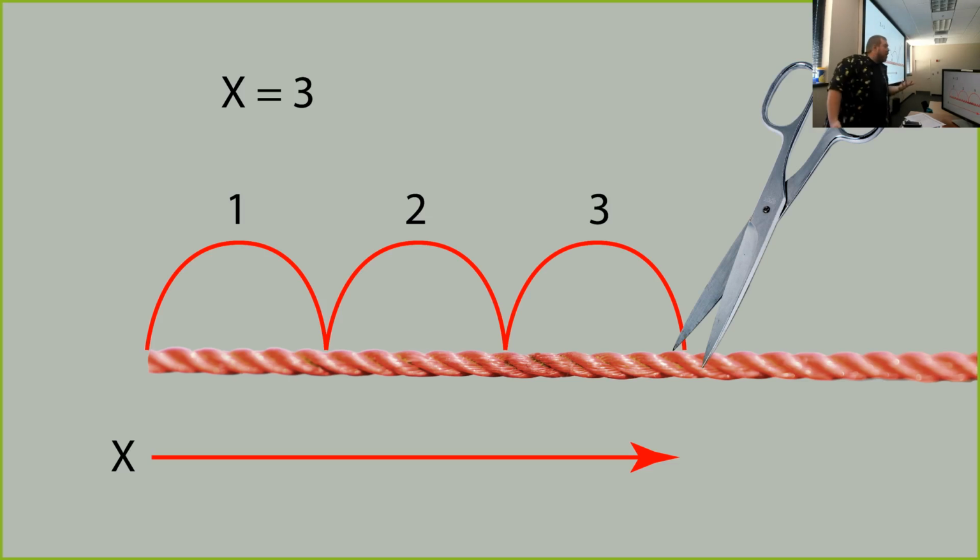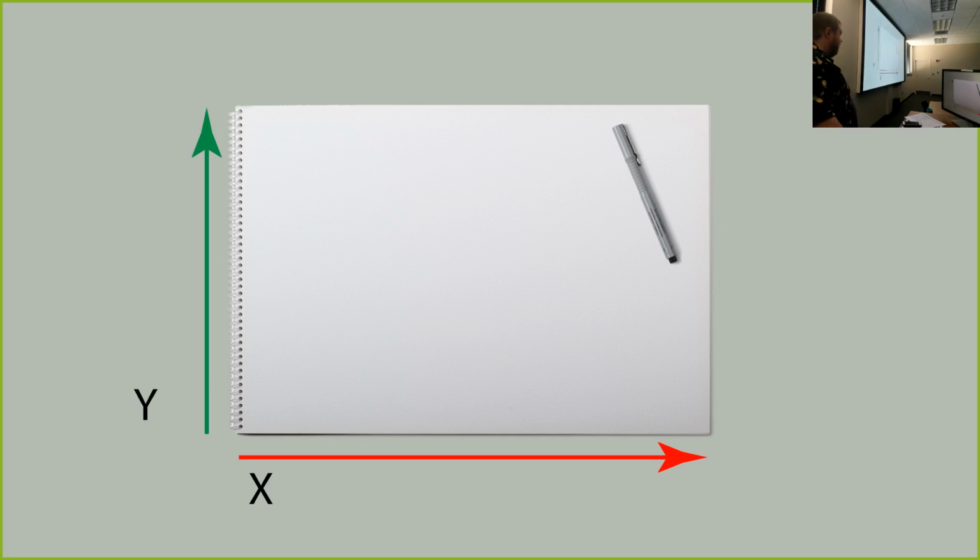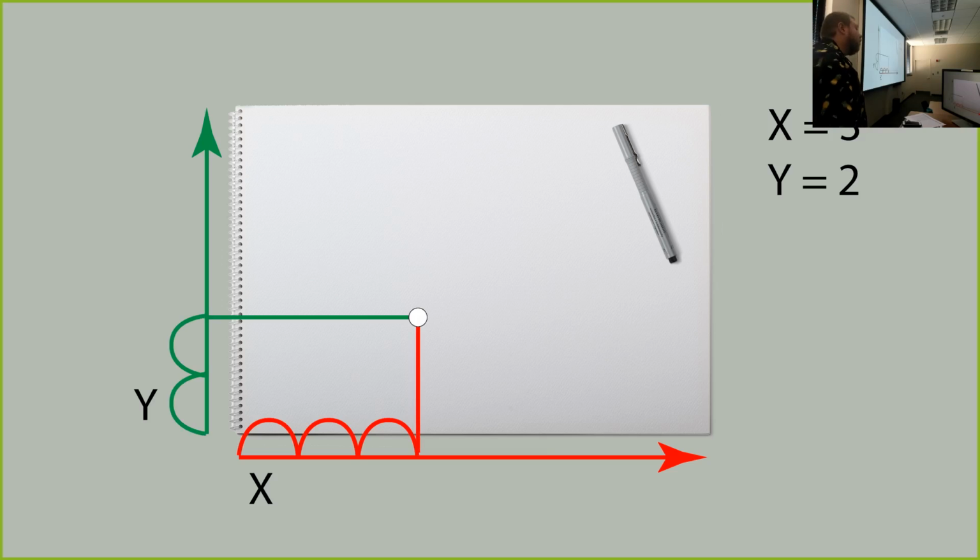It gets a little more complicated when you add a second dimension. We've got a pen and a piece of paper, and I need a dot drawn in a very specific spot on this piece of paper. Well, now we just need one extra dimension, right? We already know about x from side to side. We need y, up and down. So if I tell you x equals 3, y equals 2, you can go over 3, up 2, and find the point where that converges.